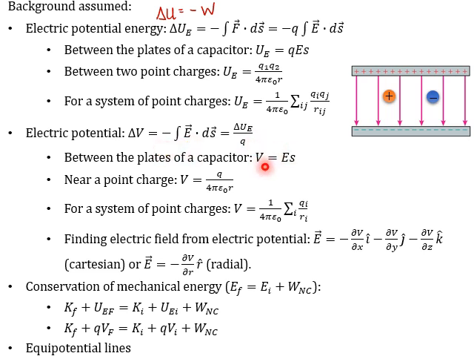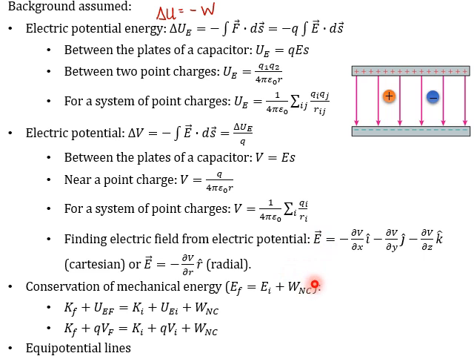Between the plates of a capacitor, the electric potential is the field times the distance from the negative plate. Near a point charge, our potential will be the potential energy per unit charge, or kQ over R. For a bunch of charges, you find the potential of each one and you add them all up. If the potential is the integral of electric field, then that means the electric field is the derivative of potential. Okay, and we'll do some examples about that.